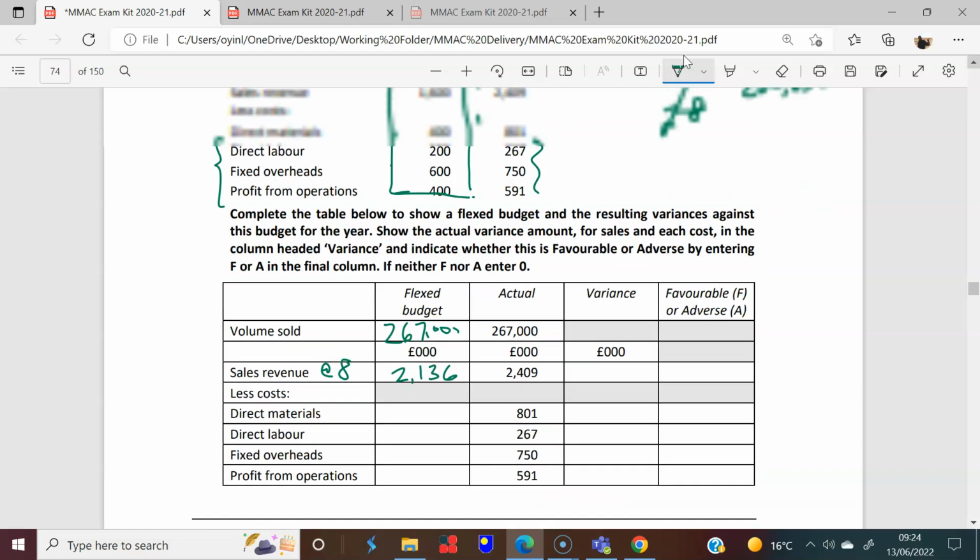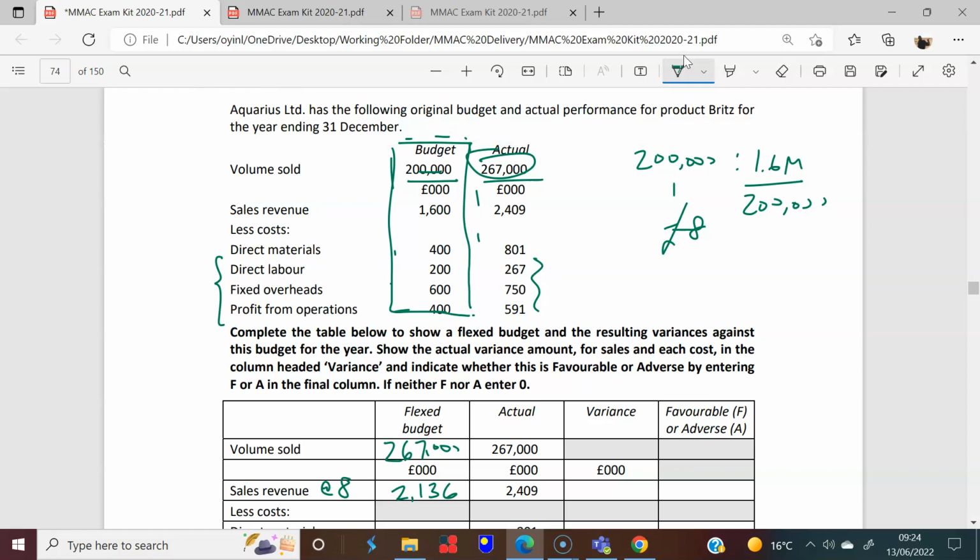Let's look at materials. In the same way, I can analyze materials that way. I'm expecting your materials to spend 400,000 to make 200,000 units. Therefore, for one unit, I'm expecting you to spend £2, because when I divide this I'm going to have £2.